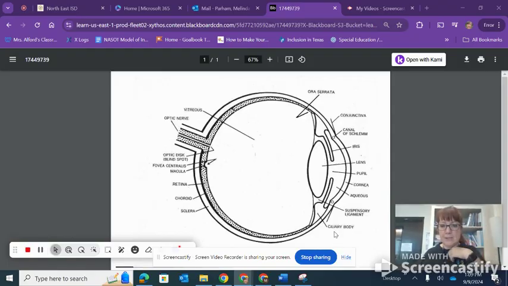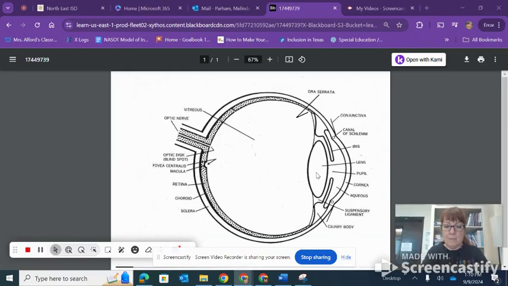And those ciliary muscles actually cause the lens to take shape. So there's your lens. I discussed what the lens does. It's a secondary refraction because, remember, the cornea is the primary refractor, and the lens is a secondary one.